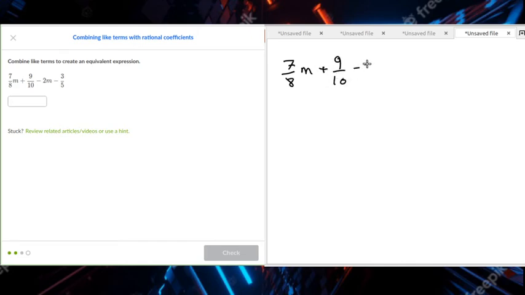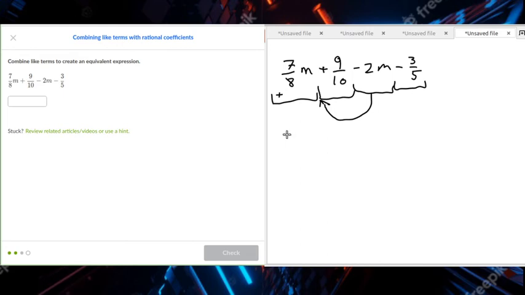9/10 minus 2m minus 3/5. All right, and remember, these all come as kind of like blocks, okay? And remember there's kind of an invisible plus up over there. So I'm going to move this block up right over here. Shift it up.